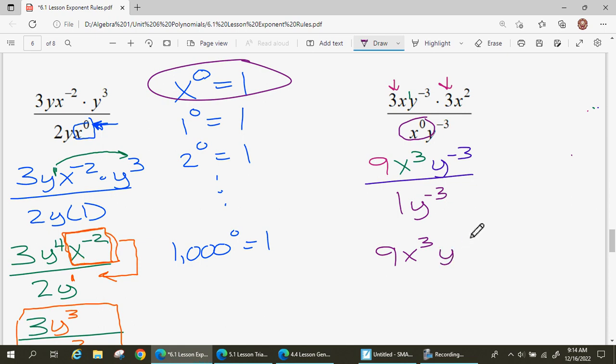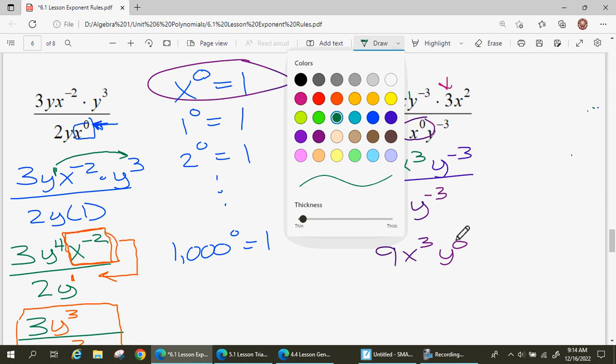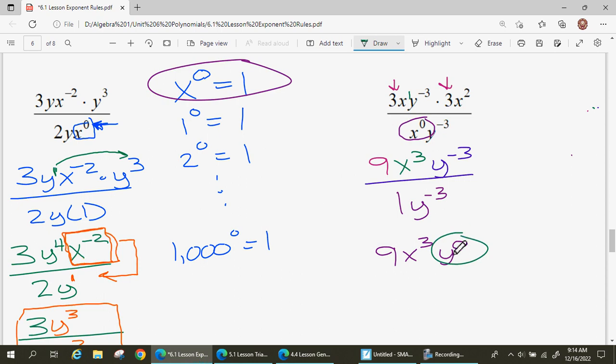And when I do negative 3 minus negative 3, I get 0. And then one more thing to do. Anything to the 0 power is 1, so I can turn that into a 1. And I end up with 9x to the third, because 9 times 1 is 9.